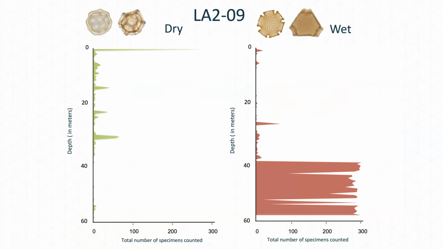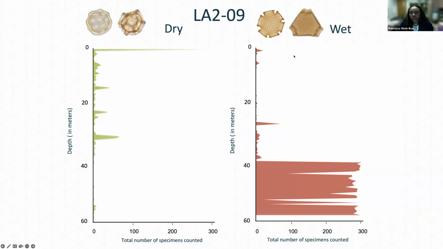We found that for spores and pollen, pollen with dry affinities were higher above 40 meters, especially this is today. Prior to our visit, we were told we would not find anything because no pollen or spores had been recovered from the red sediments.